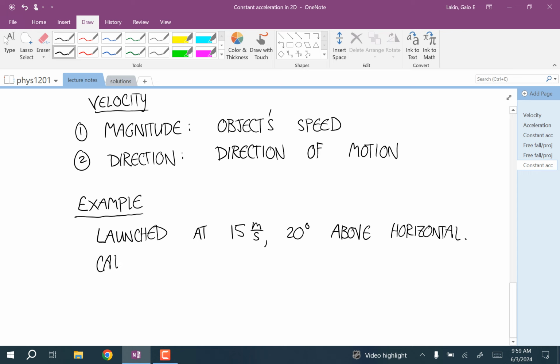And we want to calculate the velocity vector components at the instant that it's launched.